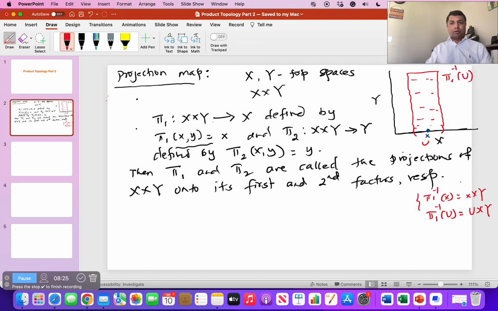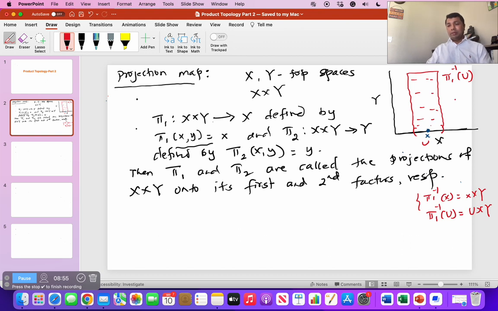So maybe you are wondering why I'm talking about this inverse. Basically, we're going to describe the subbasis for the product topology on x cross y using those inverse images of the open sets. That's why I'm describing this.